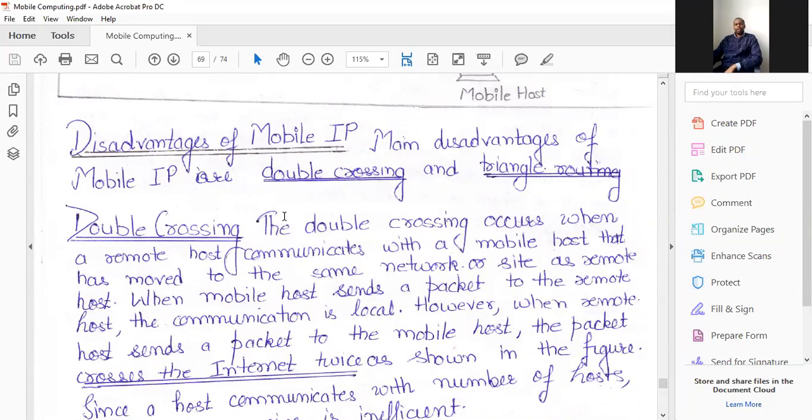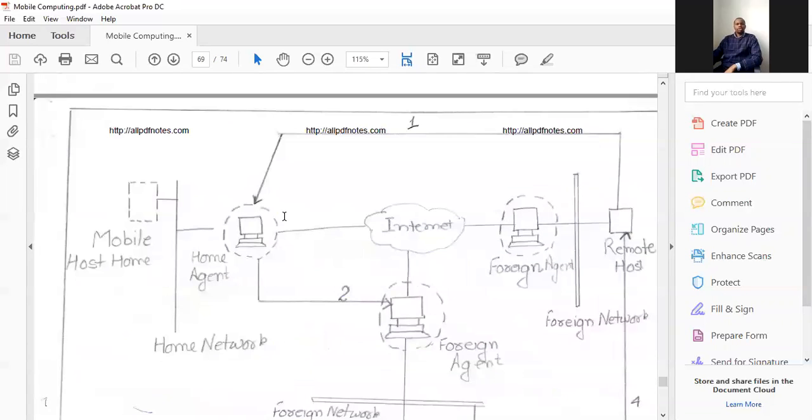And what if some devices crash? Support devices like these home agents and the foreign agents, the routers. What if they malfunction? That means your communication will be incapacitated, made impossible because of such support devices.